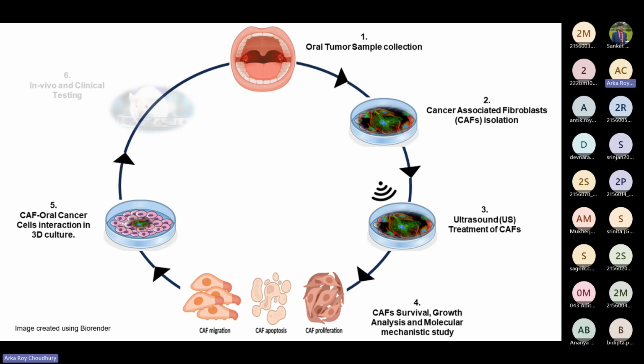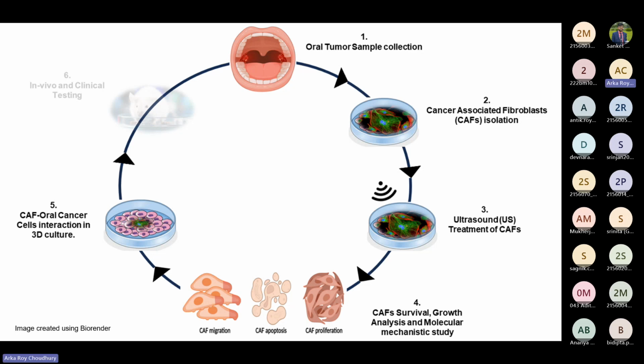My future goal is to create a CAF and oral cancer cell 3D spheroid, and also culture the oral cancer cells in the conditioned media of the CAFs. Conditioned media is basically the media after the CAFs are treated, so they stop secreting cytokines and chemokines because they are altered now.